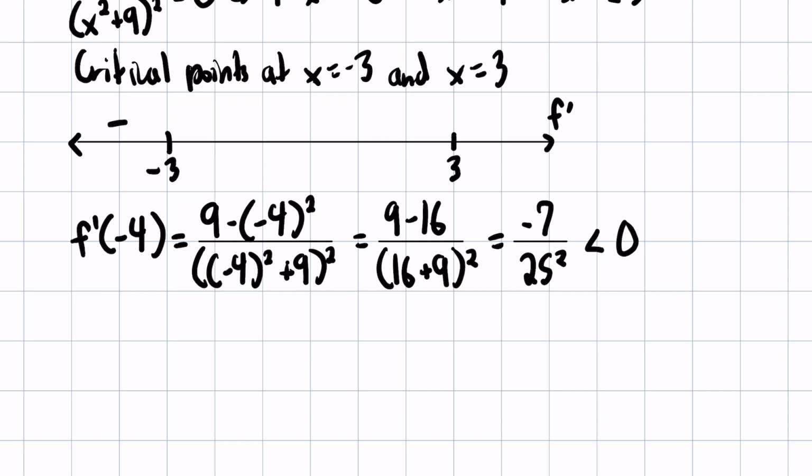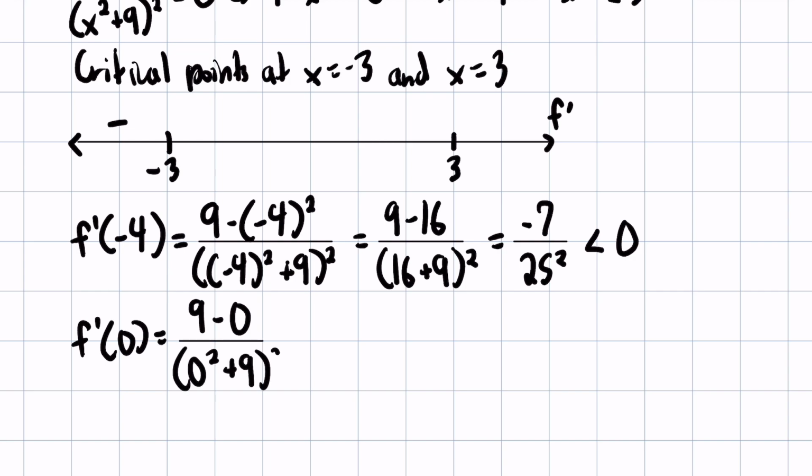Next, I'm going to plug in something between negative 3 and 3 to figure out what's going on here. I'm going to choose 0 just because it's easy. So clearly, this is going to be a positive number. And then finally, I have to figure out what's going on from 3 to infinity.